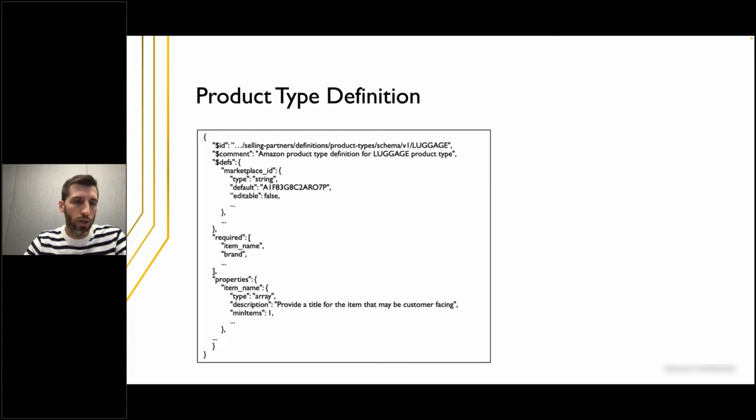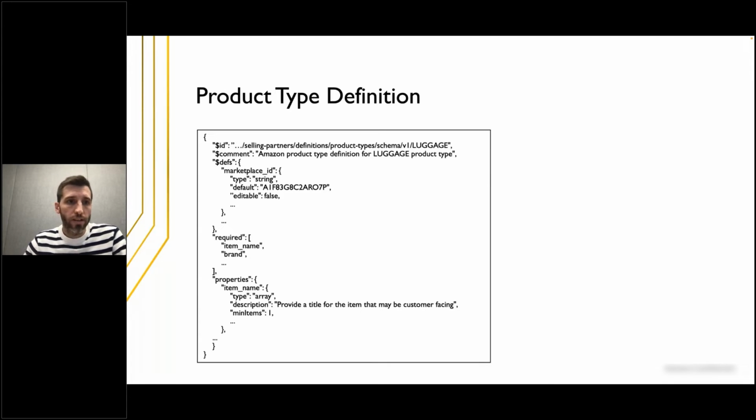At the beginning, we have the definitions section, which includes the definition of different attributes that are relevant and used across the schema. In this case, we have marketplace ID. We also have the language tag, for example, which is not displayed, but that's another very frequent definition that you will see in the schema.